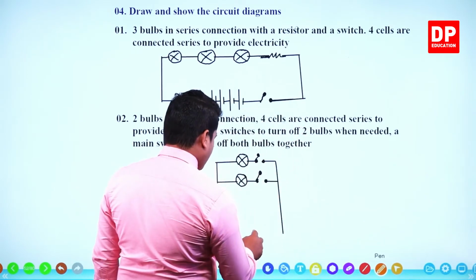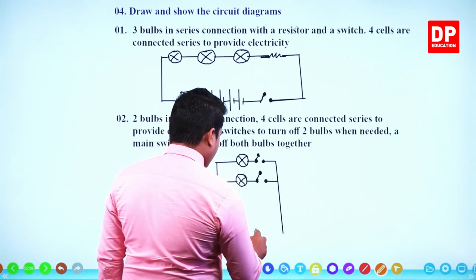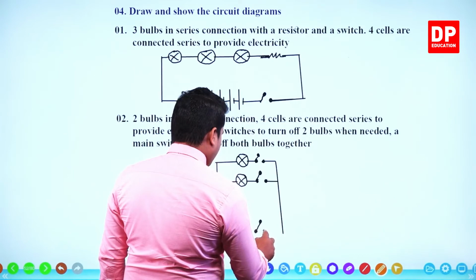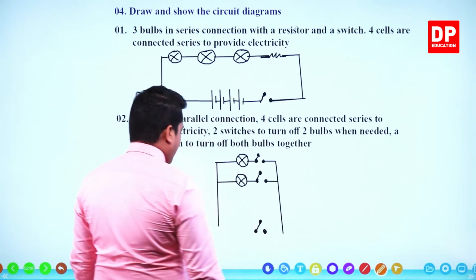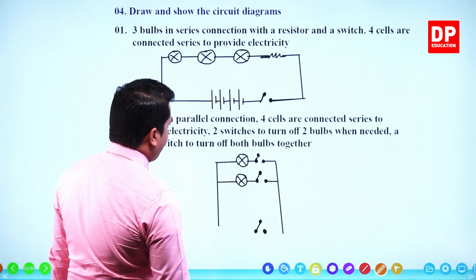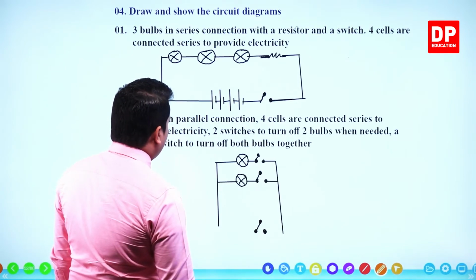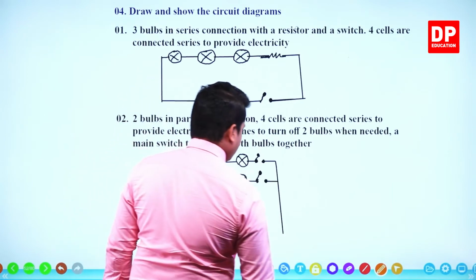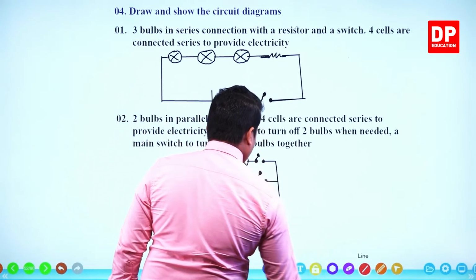Right? There should be a main switch to turn on and off both the bulbs together, and 4 cells connected in series. There should be 4 cells.